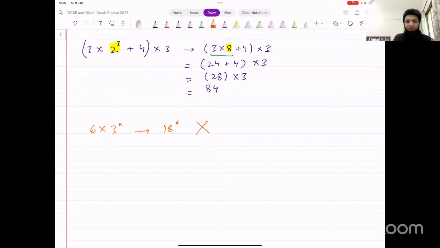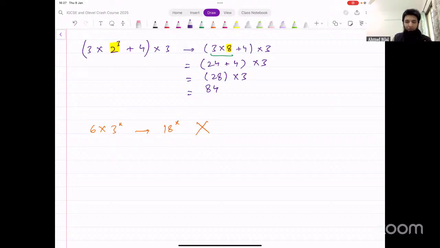You cannot do that, because remember, what has the first priority? Indices have the first priority. You cannot do multiplication before you've evaluated this power. Before you have evaluated the power, you cannot do multiplication. It cannot be like this.